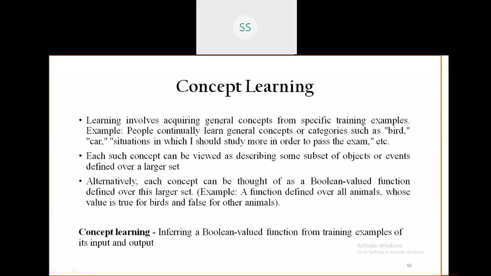To state it in simple words, concept learning is choosing one or more objects from a given larger set, where the chosen object is defined using a boolean valued function. This whole process we call concept learning.